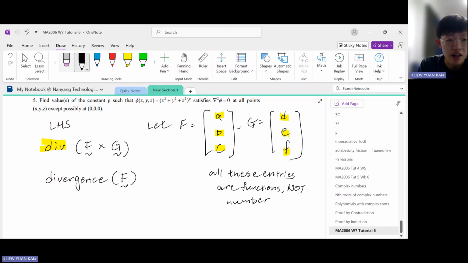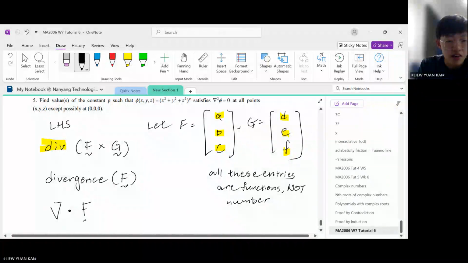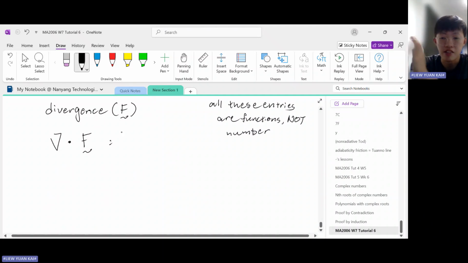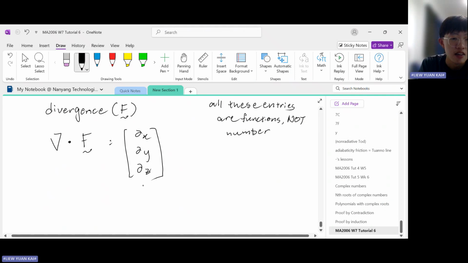Divergence of f means nabla dot f. Remember, nabla is a column vector whose entries are partial derivatives in each direction: partial derivative in x, in y, in z. This is my notation, an abbreviation for partial derivative.